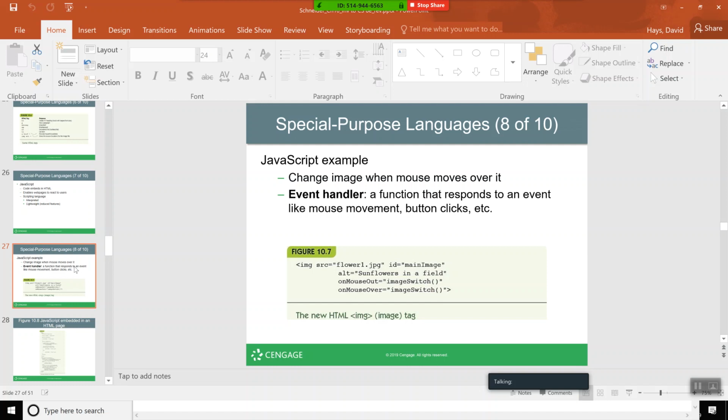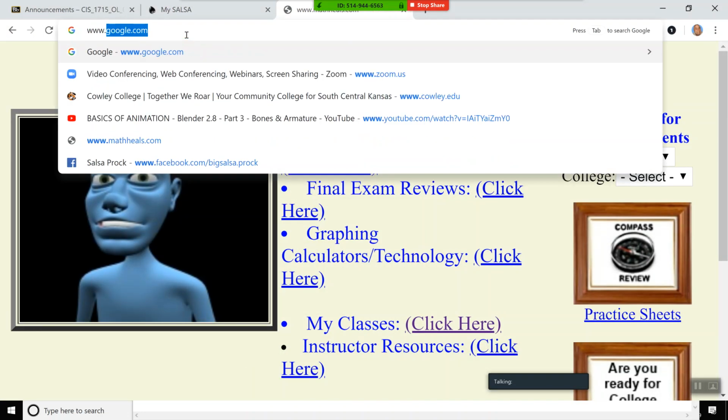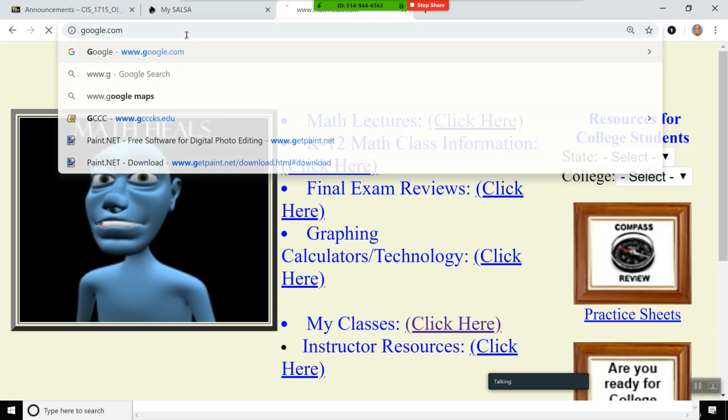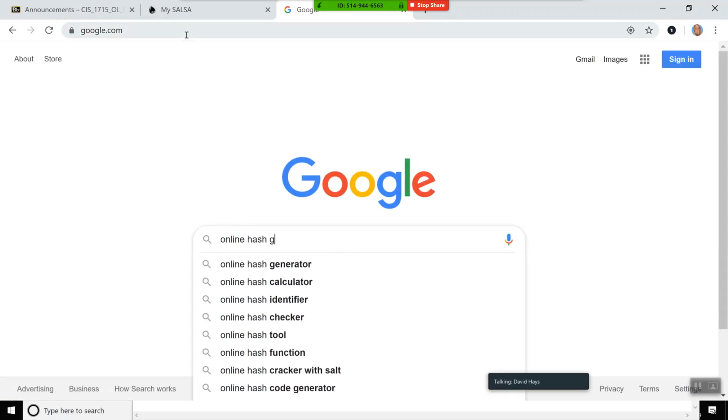Have I talked about that in here? Hashing? I don't know if I could find one here. Online hash generator, MD5.